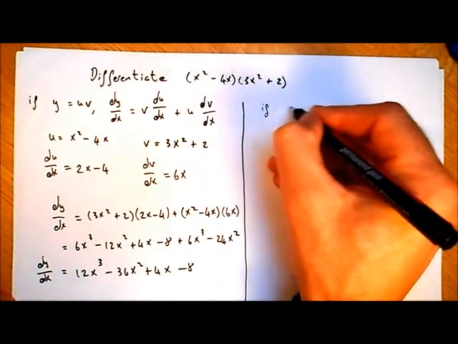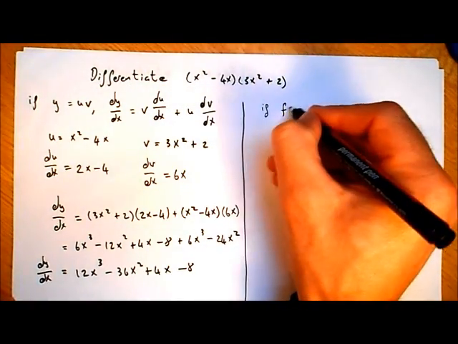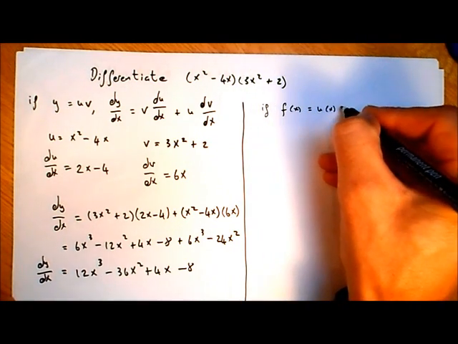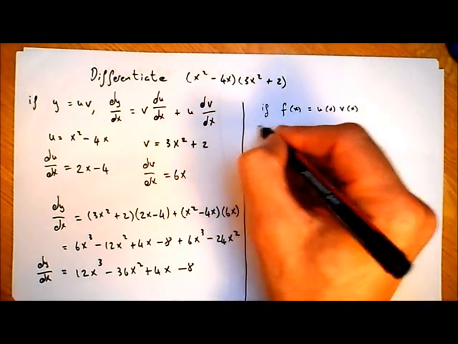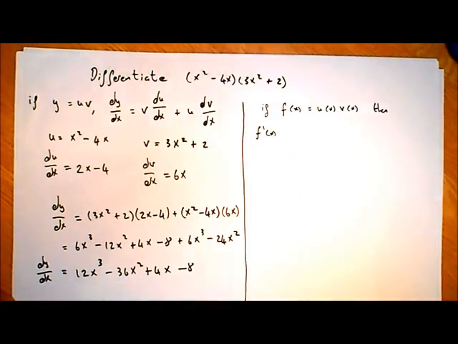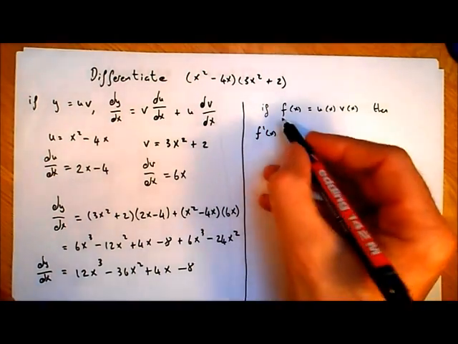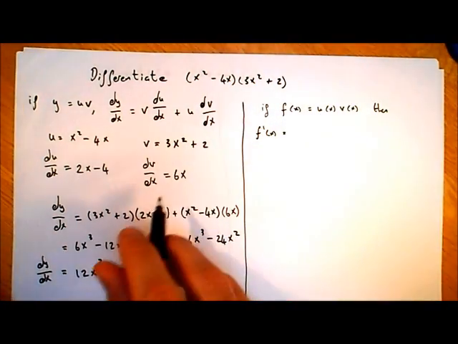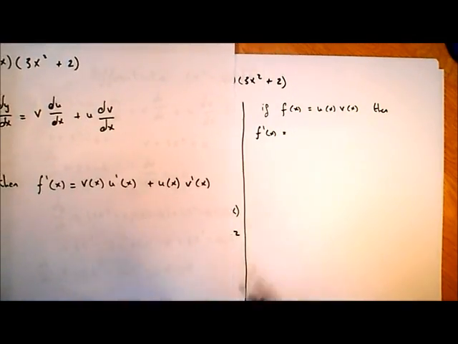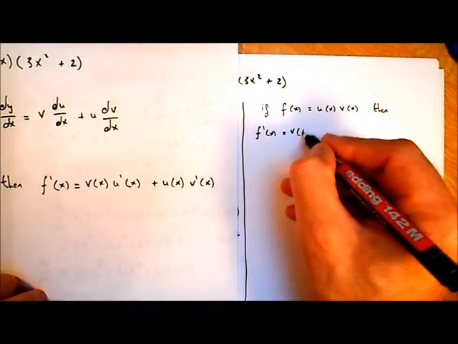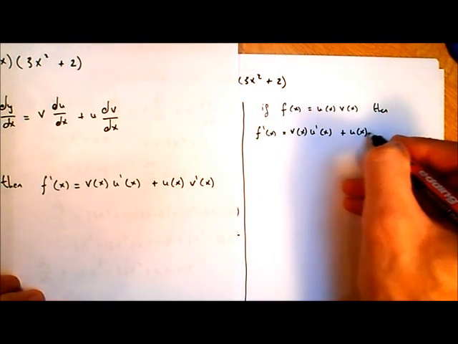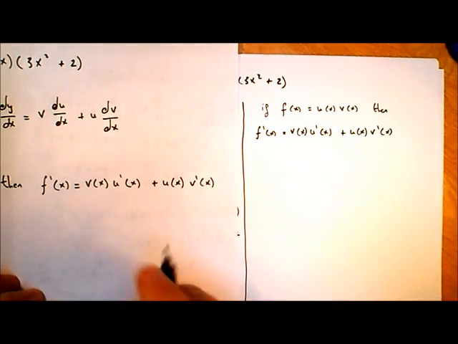So the product rule in the f of x notation says that if f of x, which is this whole thing up here, is equal to u of x times v of x, then f dash of x, which is what we're looking to get, is equal to, if you look here, v of x times u dash of x, plus u of x times v dash of x.